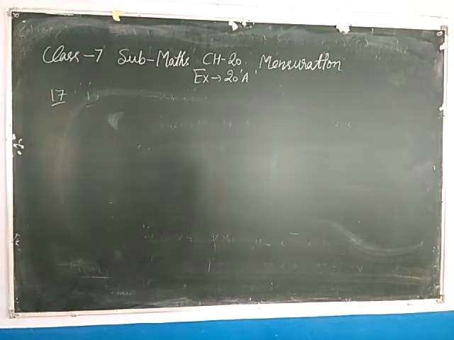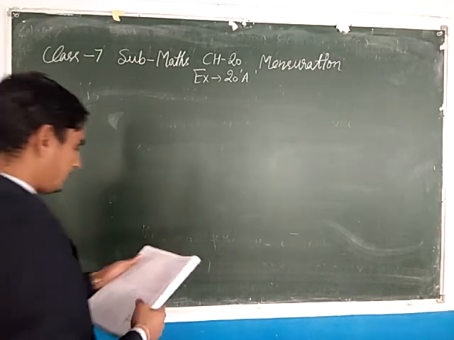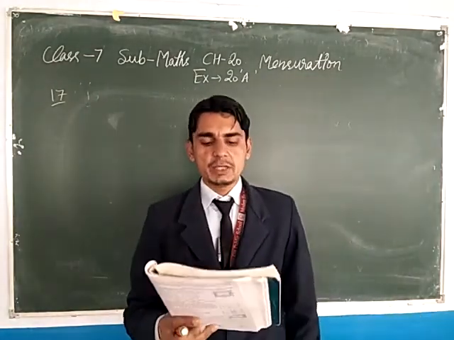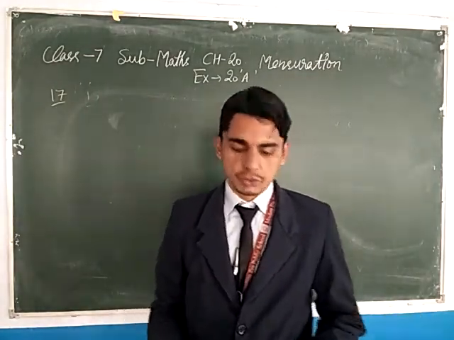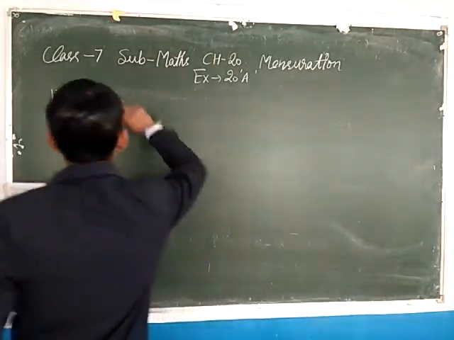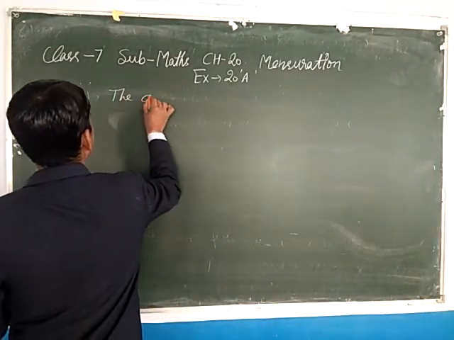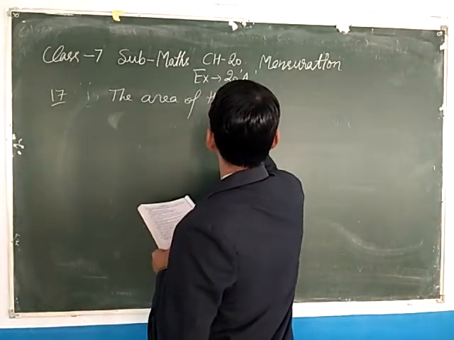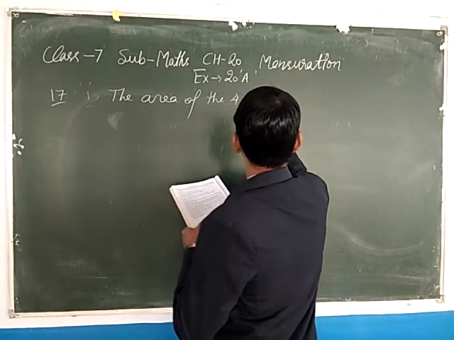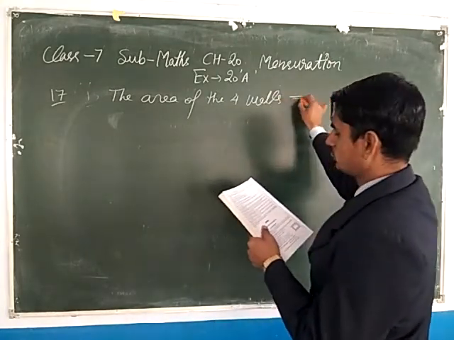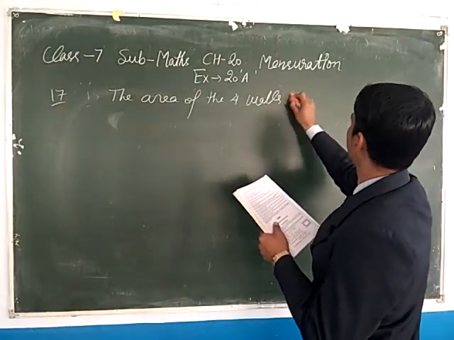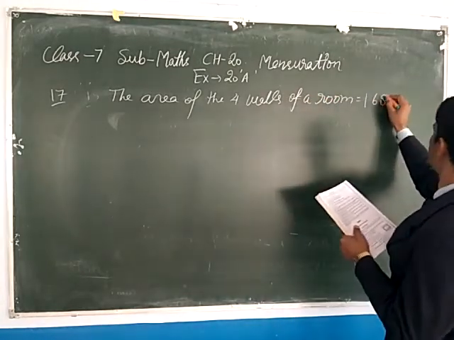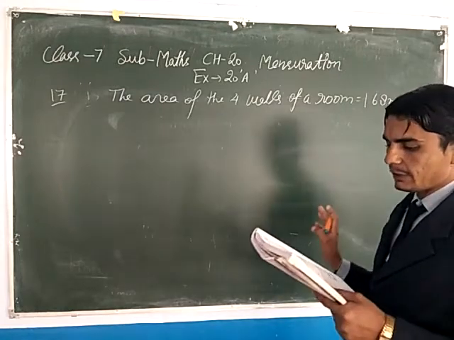Now question number 17. The area of the four walls of a room is 168 meter square. So first of all, write, beta, the area of the four walls of a room equals 168 meter square. Clear beta? This is given.